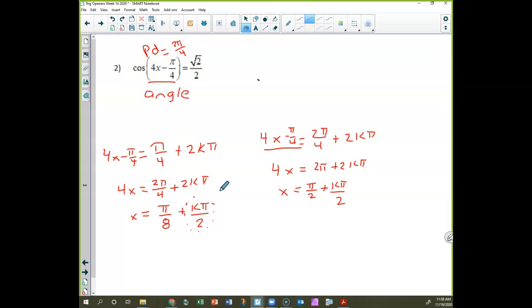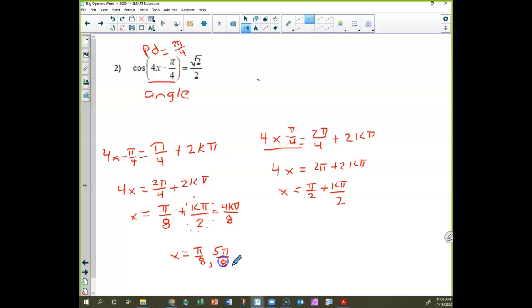Okay, now I'm going to list my solutions between 0 and 2 pi. This is when I would prefer to think of this as 4 pi over 8. That is pi over 2. So that I have a common denominator. It makes things a little quicker and faster. So pi over 8 is a solution. 5 pi over 8 is a solution. I'm going to add my period.